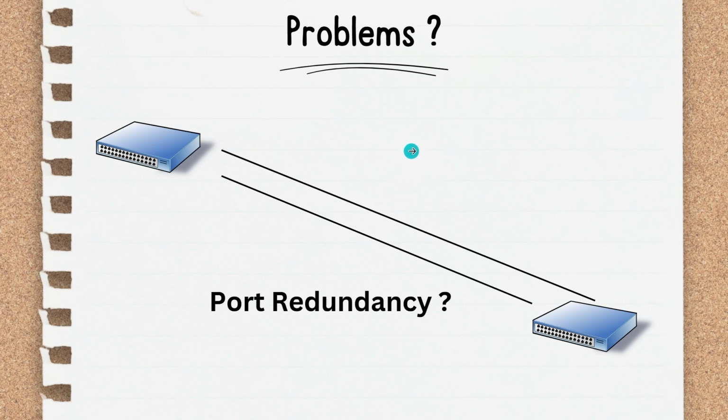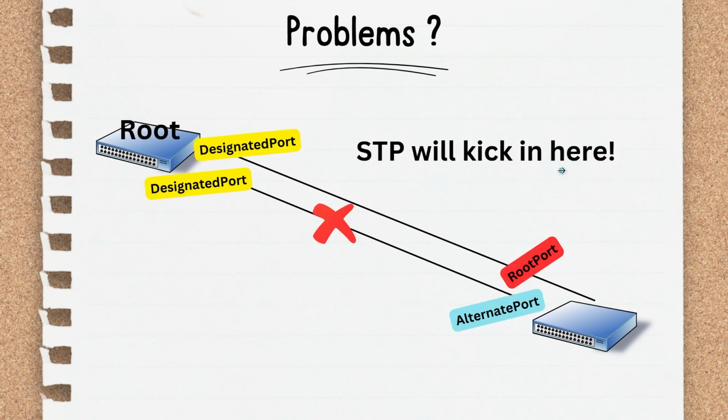So what is the problem with STP is that we want to have port redundancy in our protocol, but STP doesn't allow us to do that. How? Let's say we have connected two ports between these two switches.